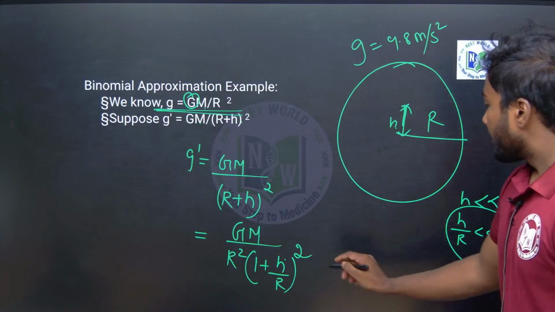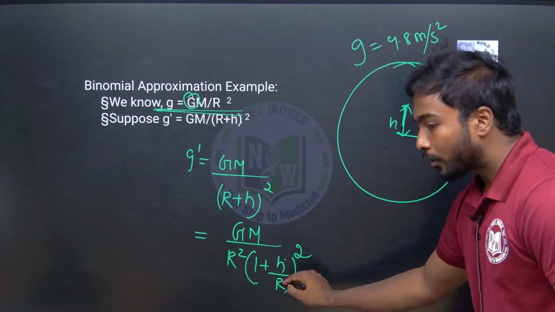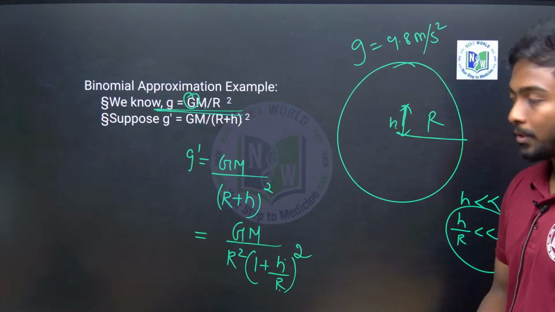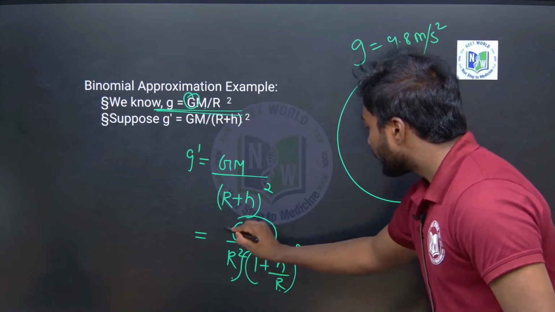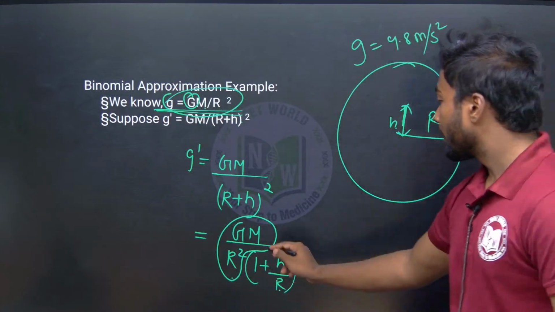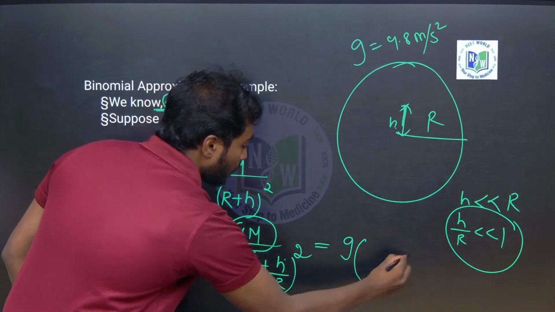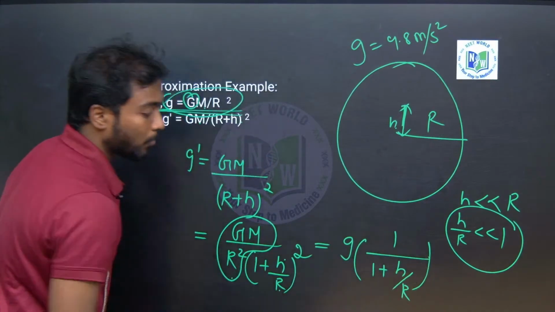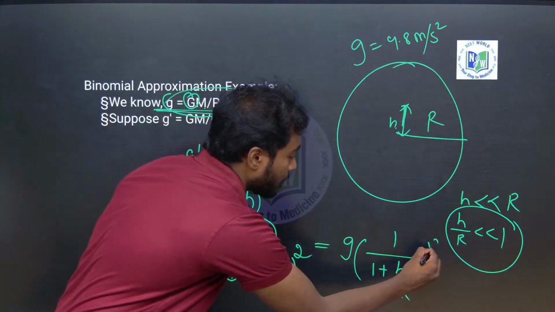Now R square by R square will get cancelled out. The value of this one is g. I can write this as g into 1 by (1 plus h by R) whole square.